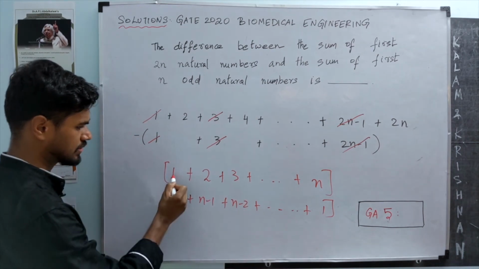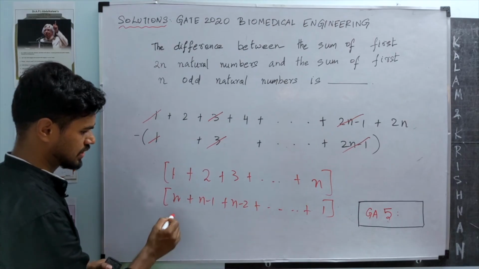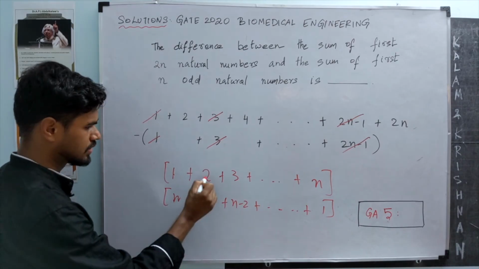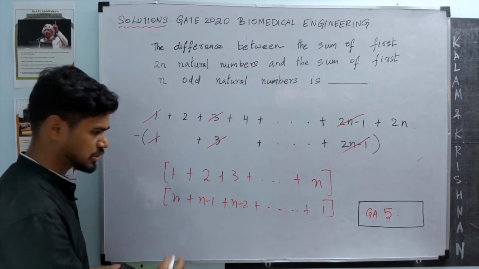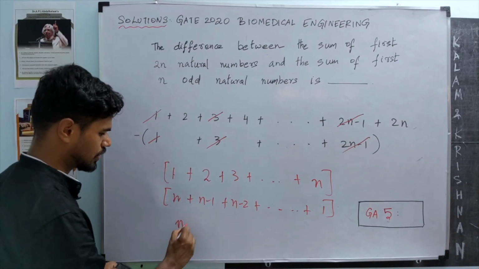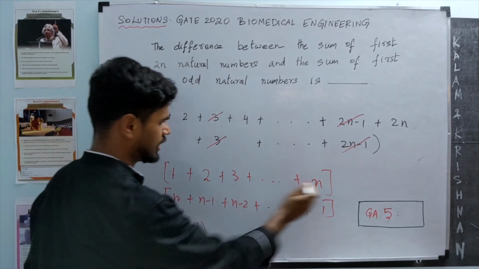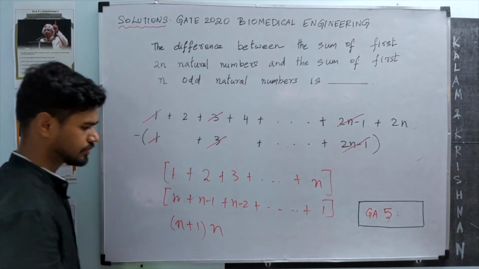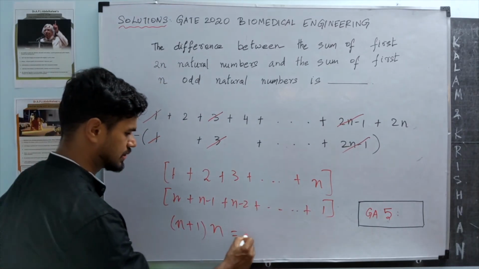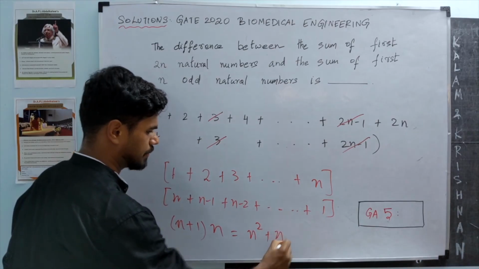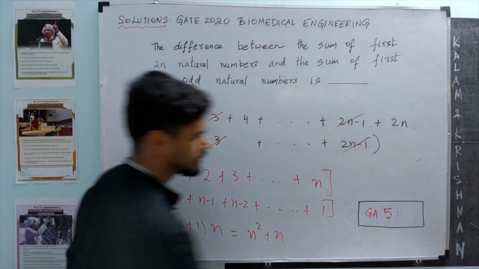Now sum of the first two terms is n plus 1. Sum of these two terms is n plus 1. So how many such n plus 1s are here? 1, 2, 3 till n. So the answer is n square plus n, which is option B.